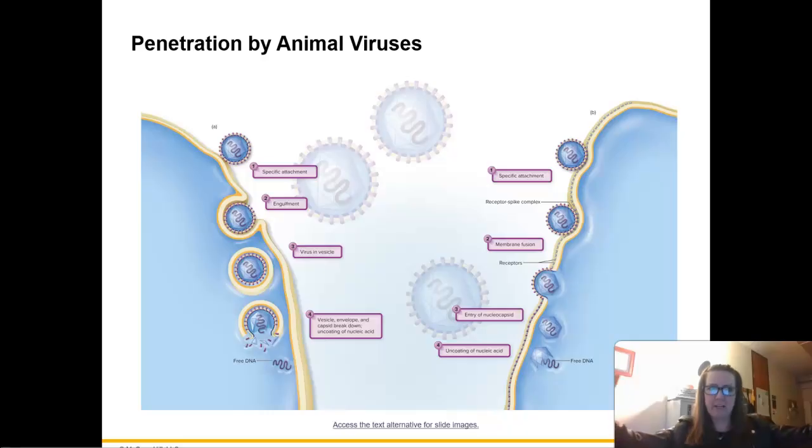So the cell membrane now is surrounding itself and bringing that virus directly into the cytoplasm of the host cell. And when inside the host cell, the envelope and this membrane-bound structure or bubble we call a vesicle opens up and releases that nucleic acid directly into the cell. This one's showing us a free piece of DNA.